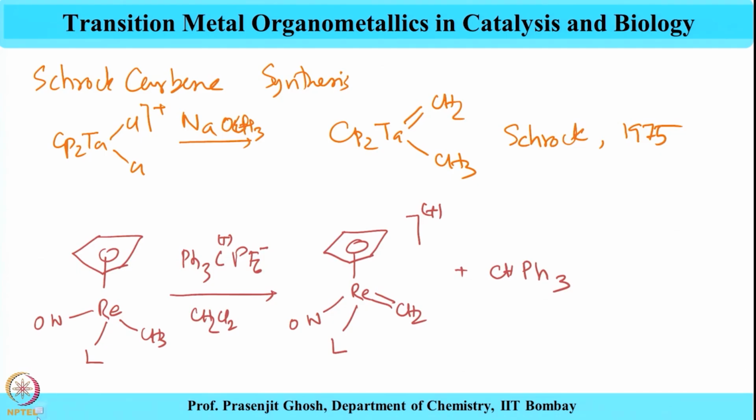So, this is an important reagent. This is called trityl, Ph3C plus, and this trityl abstracts a hydride. So, this is a hydrogen abstractant reagent which abstracts a hydrogen from the methyl and converts it into a rhenium carbene bond, resulting in the formation of CHPh3. This was reported by Gladysz in 1983.